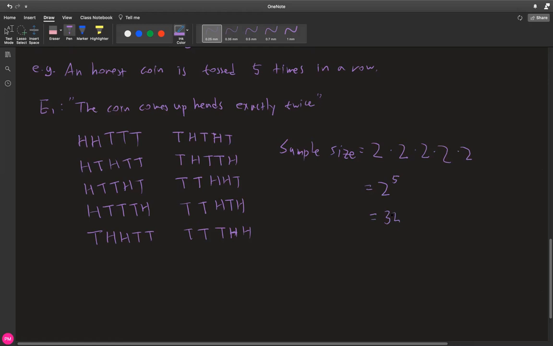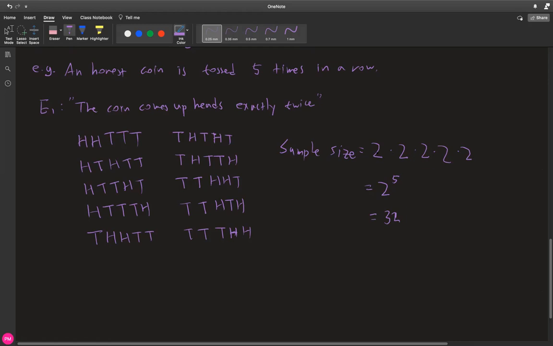32. We've actually gone over this calculation before, and just to briefly go over, it simply implies that the first coin can land in 2 different ways. You have 2 different possibilities for the first toss, 2 different possibilities for the second toss, third, fourth, and fifth. And simply, this is a multiplication rule.